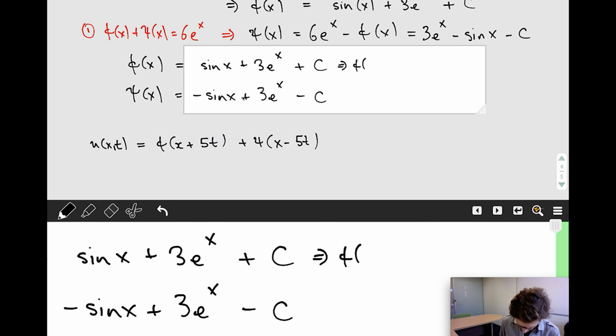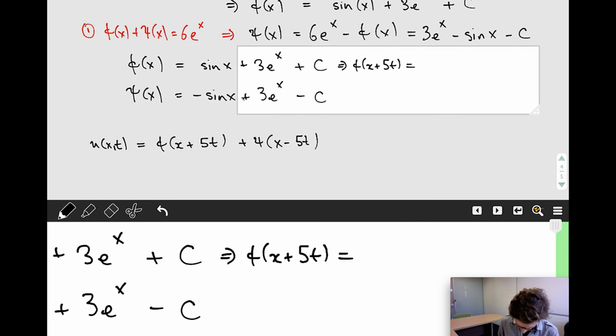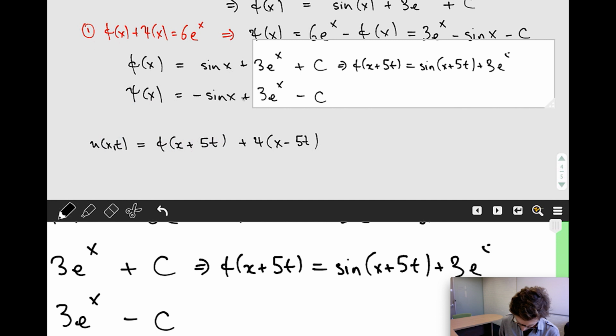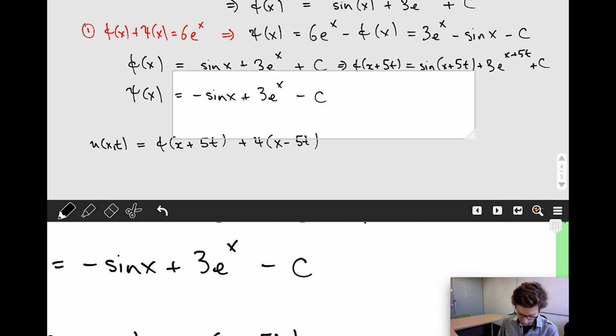So phi of x plus 5t is just sine of x plus 5t plus 3e to the x plus 5t plus a constant, that doesn't change.